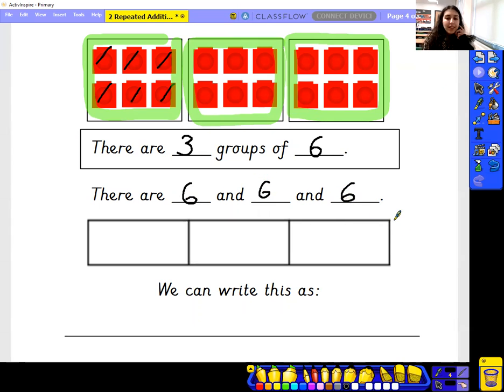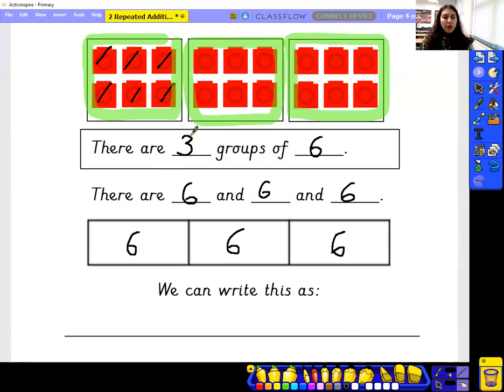If I were to write that as a bar model, you'd be able to see that each box represents a group. So I've got 3 boxes here because I've got 3 groups. And remember, those 3 groups are equal. That means I've got the same number inside each group. So I've got 6 cubes in my first group, 6 cubes in my second group, and 6 cubes in my third group.